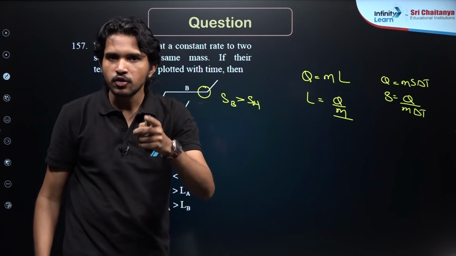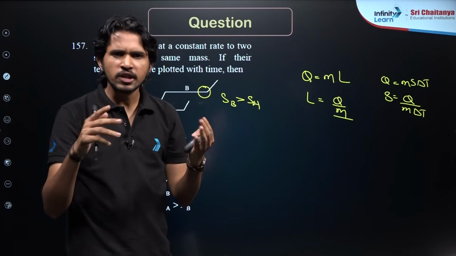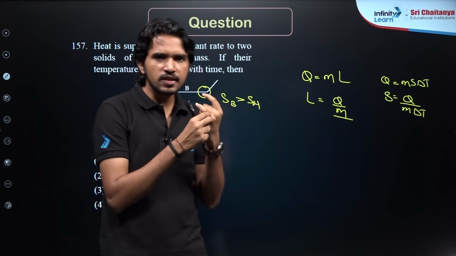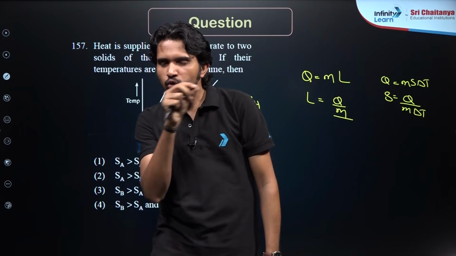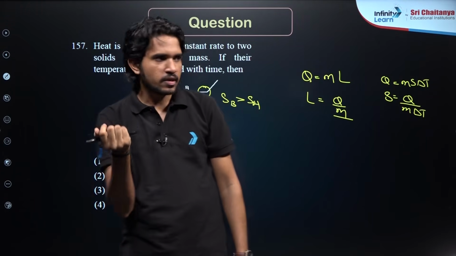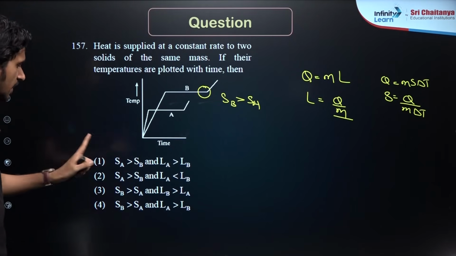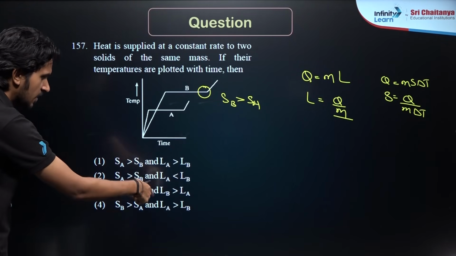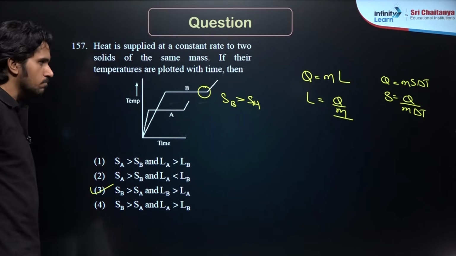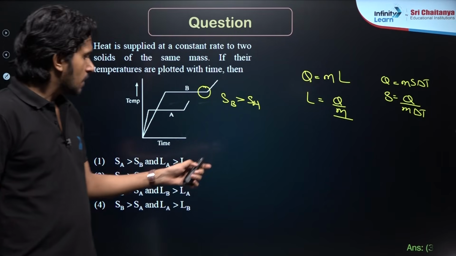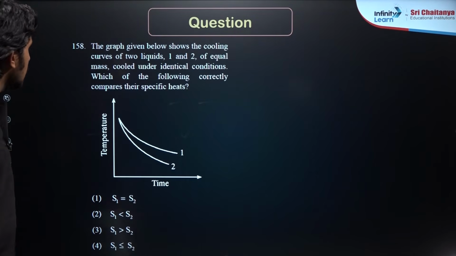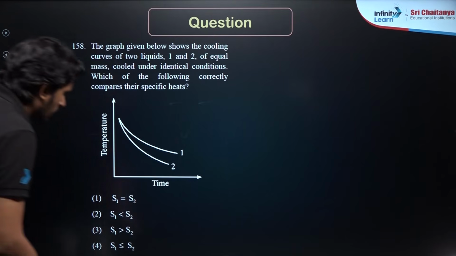To change the state of 1 gram or 1 kilogram unit mass, like from solid to liquid or liquid to solid, we require energy. The same goes for L as well. SB greater than SA, LB greater than LA. Okay, guys. Then in the next problem, let's draw it.